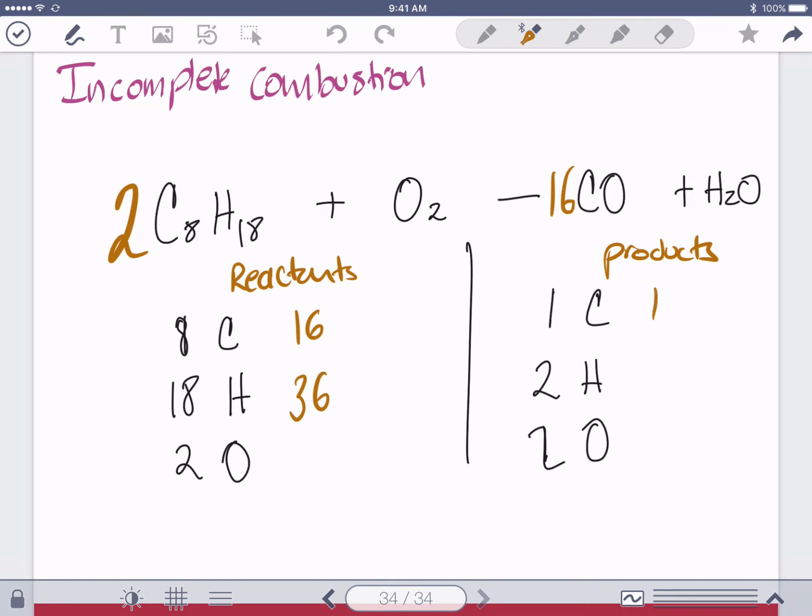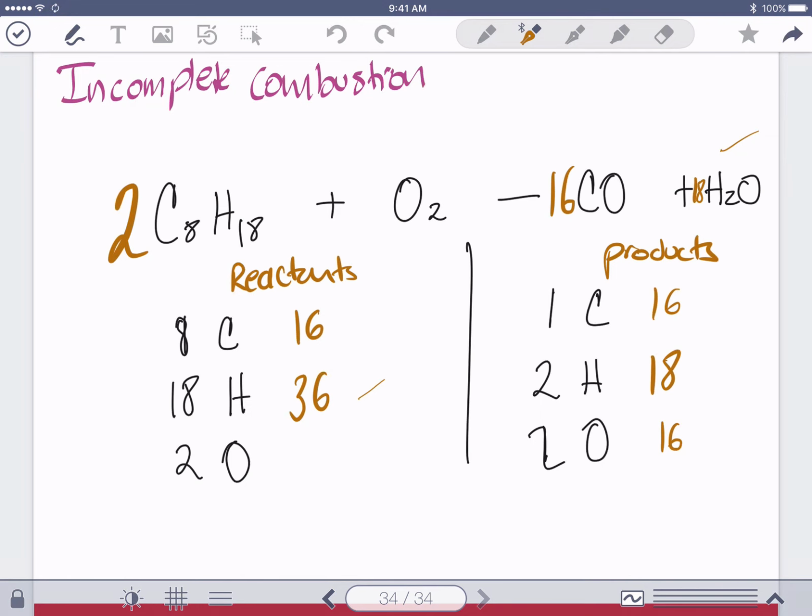So now I have 16 atoms of carbon, and I started off with 16 atoms of oxygen, and I need to balance. Since I have 36 atoms of hydrogen in my reactants, I need 36 in my products. So for that, I'm going to use the coefficient 18, since 18 times 2 equals 36, right? So I'm going to add the coefficient 18 in front of my water molecule.